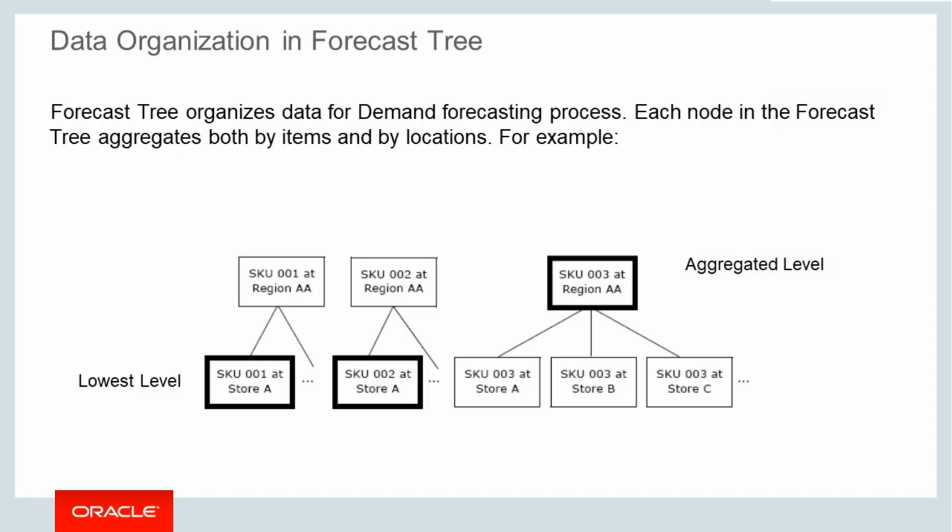At the lowest level, on the left leaf of this forecast tree, we have the same item at different locations: SKU 003 at store A, SKU 003 at store B, and SKU 003 at store C. Depending on our forecast tree configuration, the data can be aggregated by item or by location using some function. In this example, the item stays the same, and we aggregate by location to region AA that consists of store A, store B, and store C.